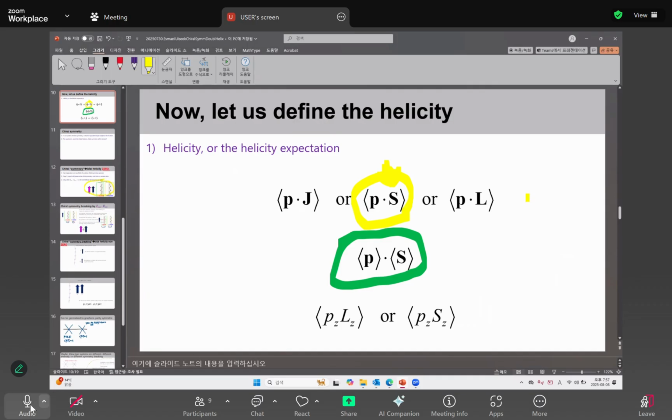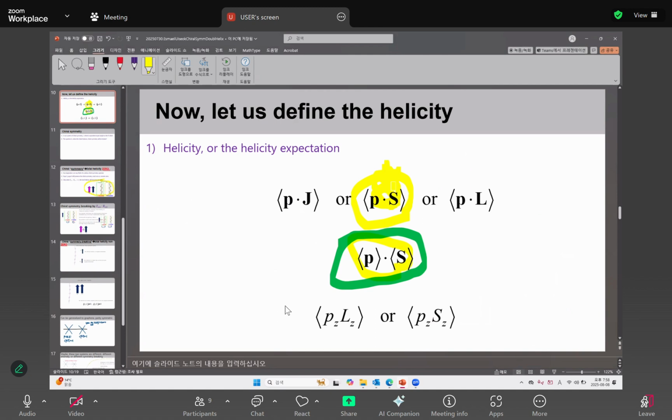Anyway, do you still see my screen? Yes. To your question, I have the same opinion as Esmaeil, that we should define the helicity operator. In our TDDFT code and in the Octopus code, the helicity operator is not implemented. We need to upgrade the TDDFT code.